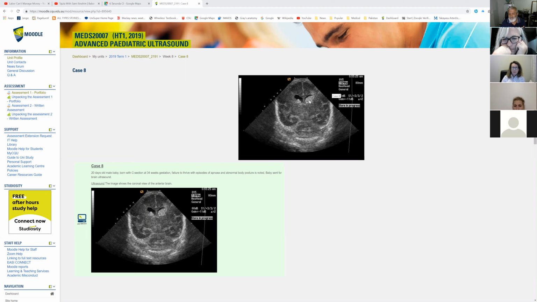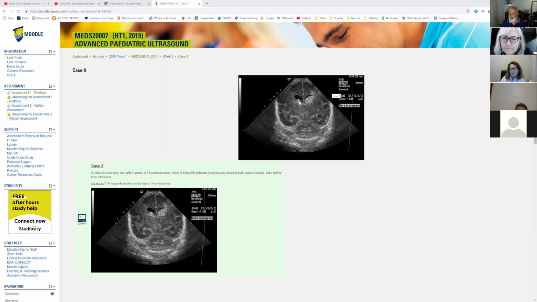So whenever we have a germinal matrix hemorrhage, we measure the ventricular diameter. And if it is more than 3 millimeter, we call that hydrocephalus, so that becomes 3. And the 4th one is when there is associated periparenchymal or periventricular leukomalacia or hemorrhage going on at the white matter surrounding the anterior horn.